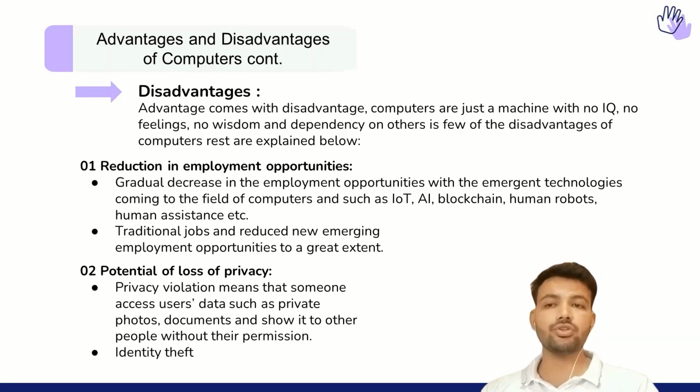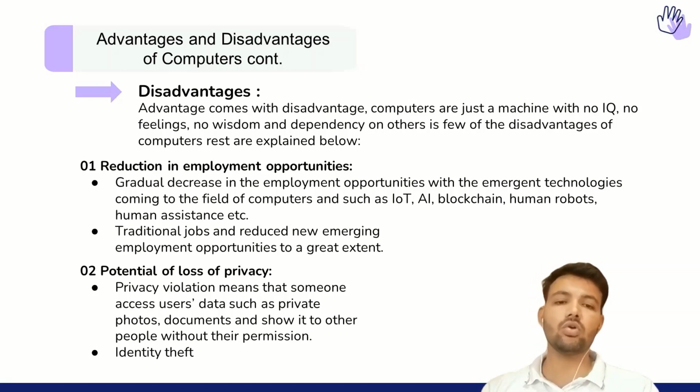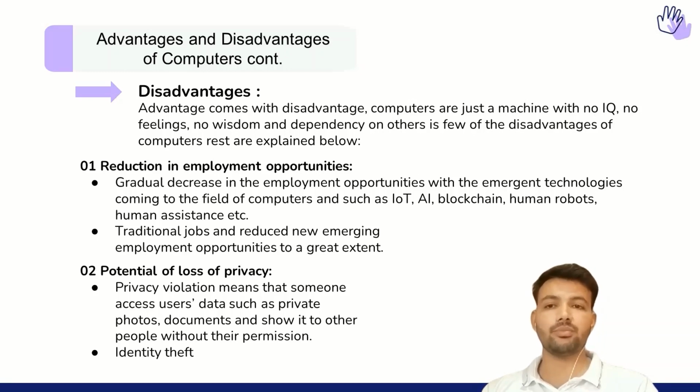डेफिनेटली एम्प्लॉयमेंट अपॉर्चुनिटीज में जो रिडक्शन आया है, दैट कैन बी अ लॉट बिकॉज ऑफ कंप्यूटर. So there is a gradual decrease in employment opportunity with the emergent technology coming in the field of computers such as IoT, AI, blockchain, human robots and human assistants. जो जैसे एक मैन्युफैक्चरिंग की बात करें तो जो काम ट्रेडिशनली लोगों से किया कराया जाता था, विच यूज टू प्रोवाइड द एम्प्लॉयमेंट अपॉर्चुनिटीज, that can be done with an automated machine, and that with high accuracy.